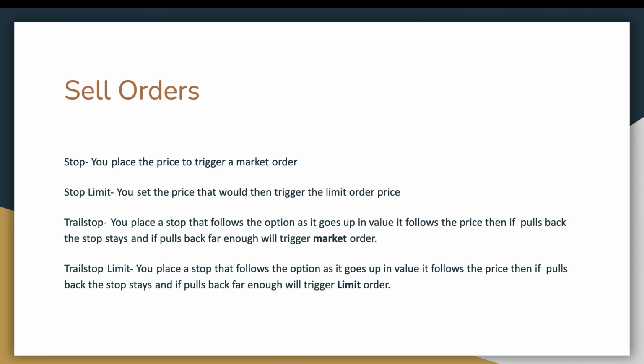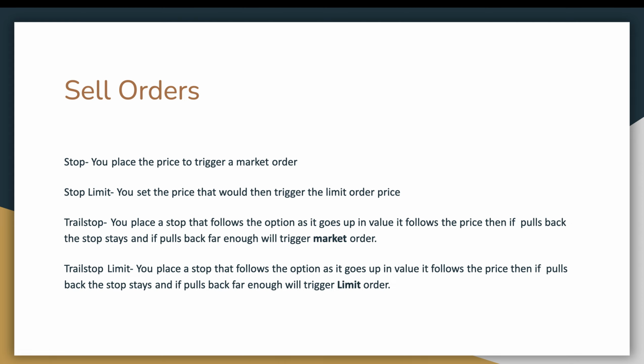If it drops below $1 and no one's buying at $1, and now it's 95 cents, then it's never going to get filled, and it could drop to 80 cents, 76, 60 cents, or go down to 0 and you never get filled. Whereas with a market order in a regular stop, it could have fallen past $1 but hit at 98 or 95, and you would have gotten filled and got out of there.